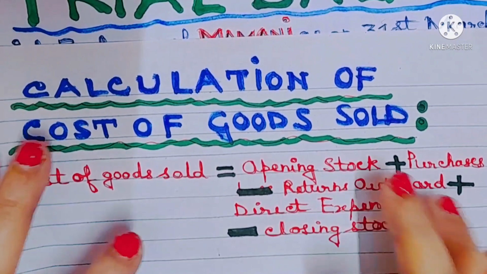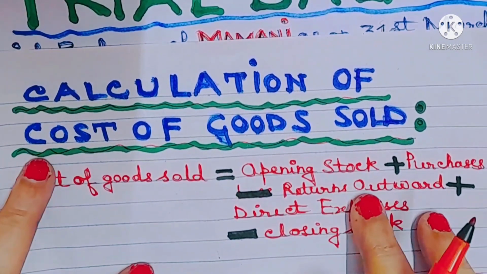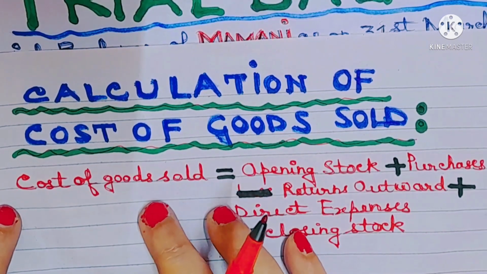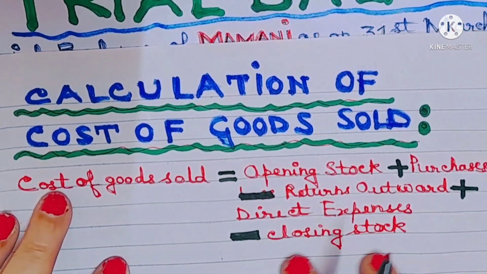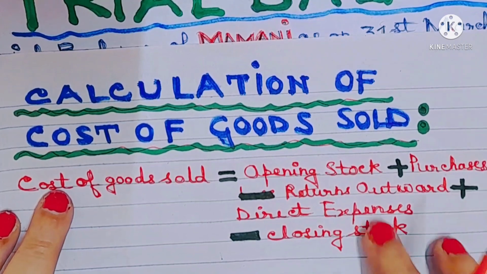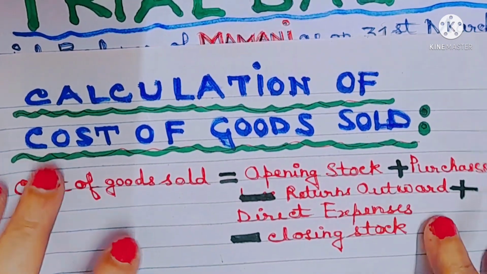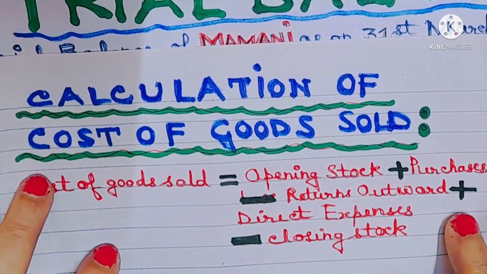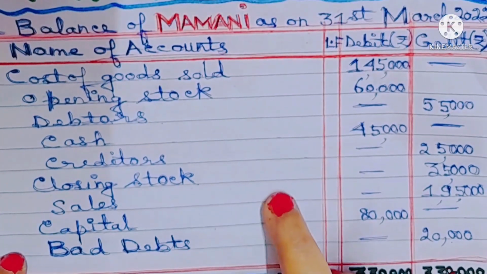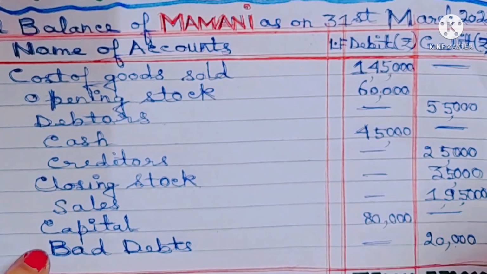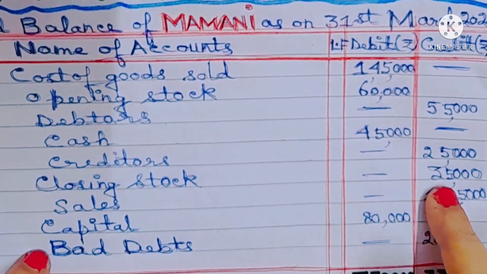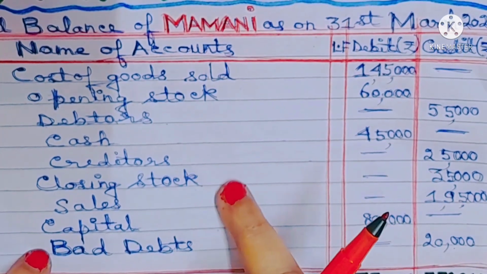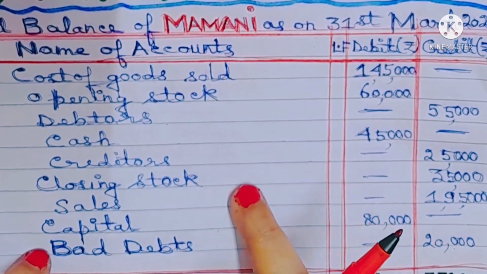Okay. But closing stock will appear in the trial balance whenever cost of goods sold account has been given in the problem because we have already deducted closing stock out of the purchases account, debiting the closing stock and crediting the purchases account. Understood? Closing stock 35,000 has been wrongly written in the credit column because closing stock has a debit balance because closing stock is an asset.